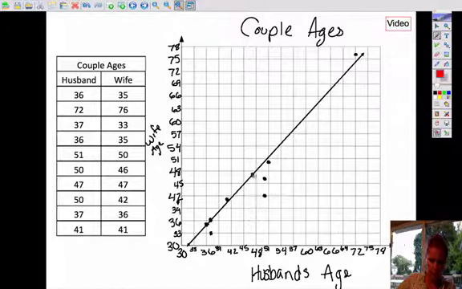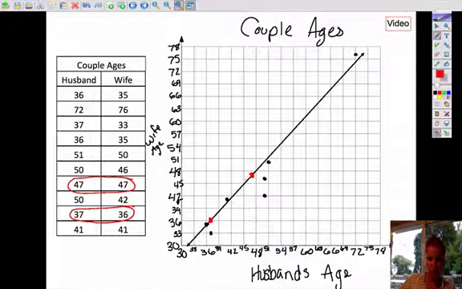So I have 2 points on my line. I have this point and this point that go right through it. That's 37, 36, that's this point. And it looks like 47, 47, this point.